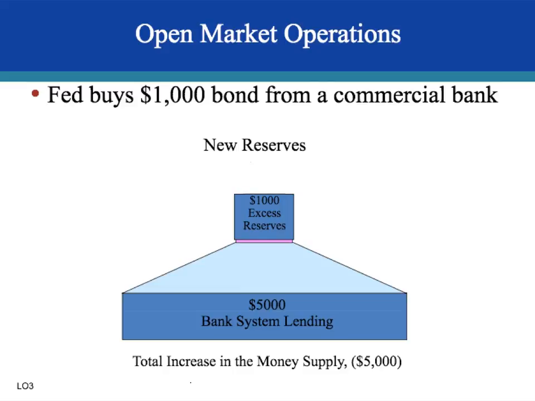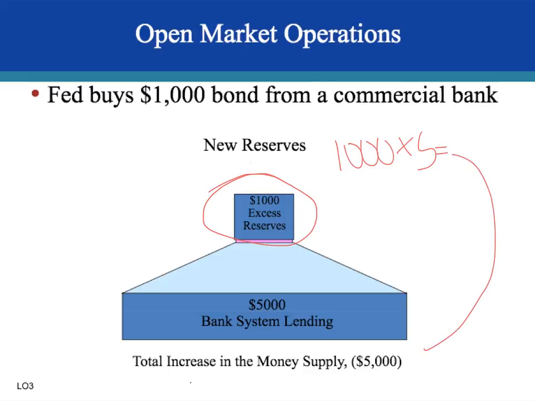Since this is technically not a checkable deposit, the bank can lend out the full amount of $1,000. They're not required to hold a minimum in this case, and so they can lend out the full amount, $1,000, and through the multiplier, we get that the money supply can increase to $5,000 from the original $1,000 increase in reserves.